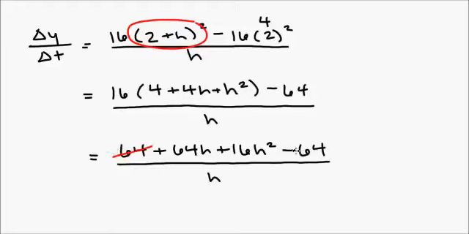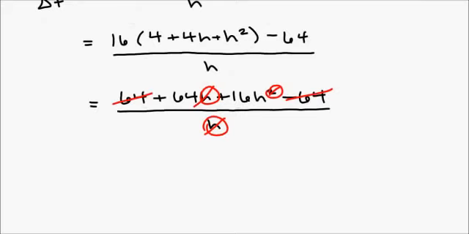These 64's cancel, and you see the common factor of an h here, so those all cancel. And we are left with 64 plus 16h.